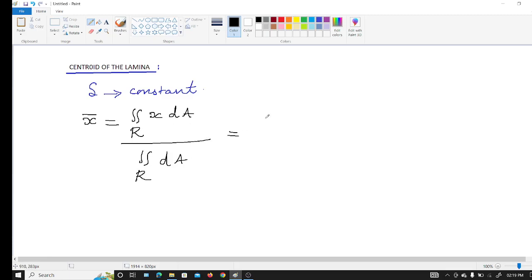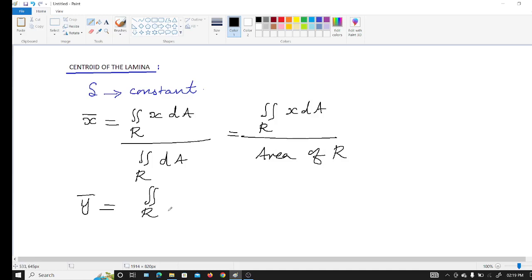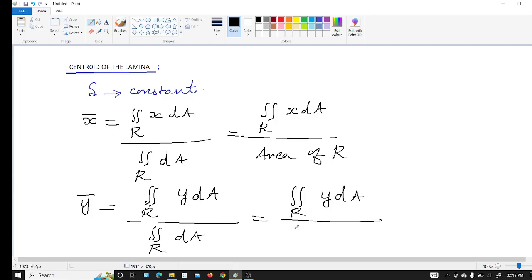That means this is the same as double integral over R x dA divided by area of R. Similarly, we have y bar equal to double integral over R y dA divided by double integral over R dA. This is equal to double integral over R y dA divided by area of R.